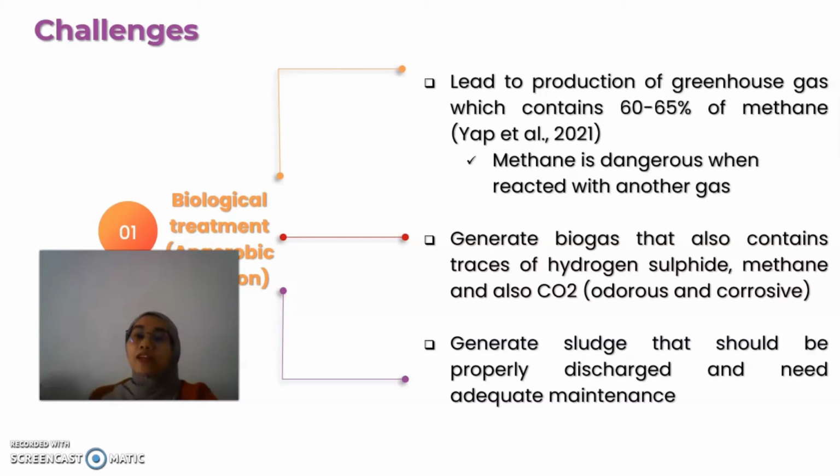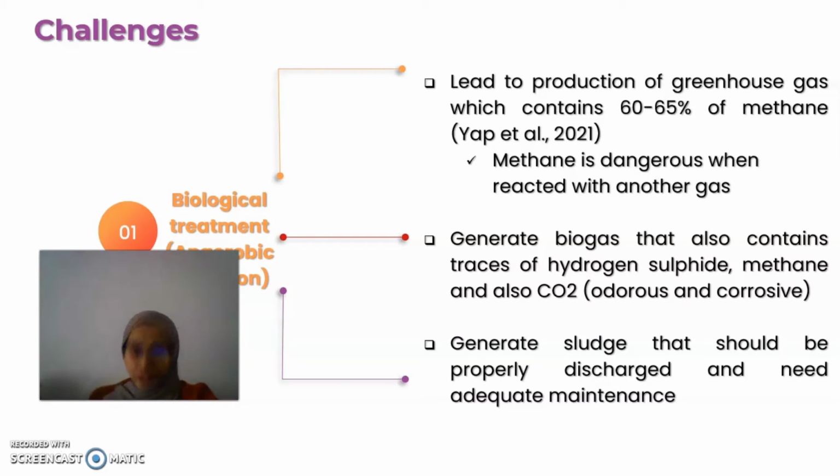Anaerobic digestion is one of the processes used to break down organic matter. It will produce biogas. This biogas can lead to the production of greenhouse gas, which contains 60 to 65% methane. This gas can be released to the environment.